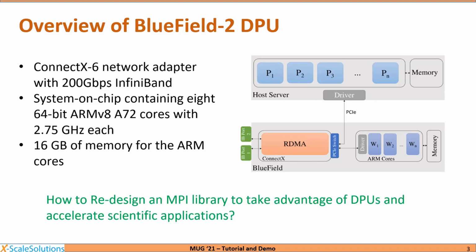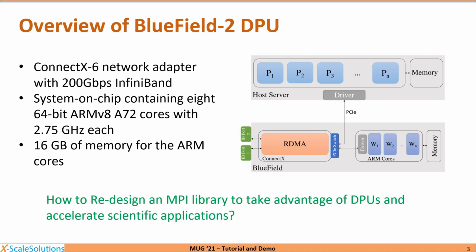This particular DPU integrates the ConnectX-6 network adapter, as well as an array of ARM cores with their own attached memory. The ConnectX-6 has a network bandwidth of 200 gigabits per second in InfiniBand.